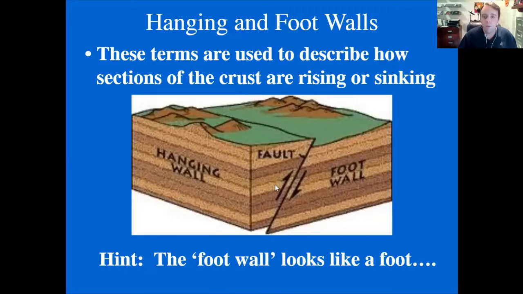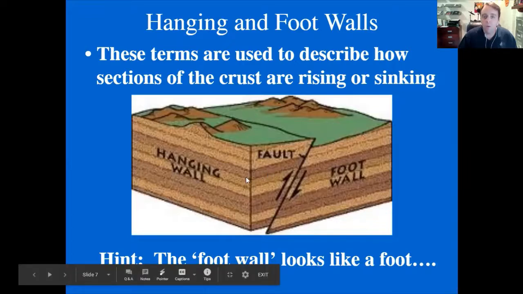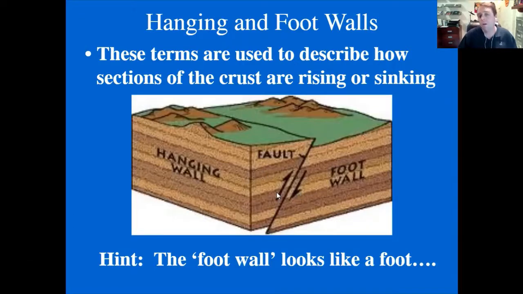You'll see here this line, this fault. This is the hanging wall. In this case, it is a reverse fault caused by compressional stress. So when the rock was being squeezed together, it breaks and slides up along that fault plane. So the hanging wall moves up relative to the footwall.